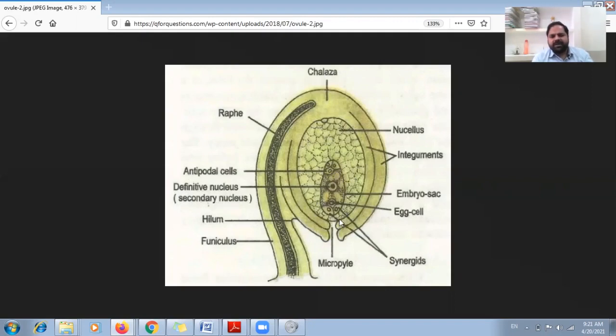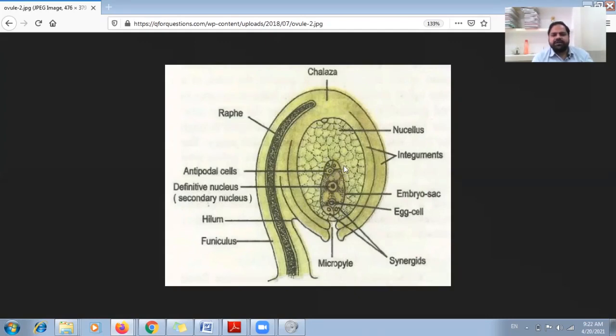So this is the mass of nucellus. Inside the mass of nucellus there is a cell, and inside this cell, towards the micropyle, there are three cells. Out of these three cells, two cells are called synergids and one cell will be the egg. Means the neighboring cells of the egg cell are called synergids. So the number of synergids is two and the number of egg cell is one. And on the opposite side of the micropyle, the chalaza end is there.